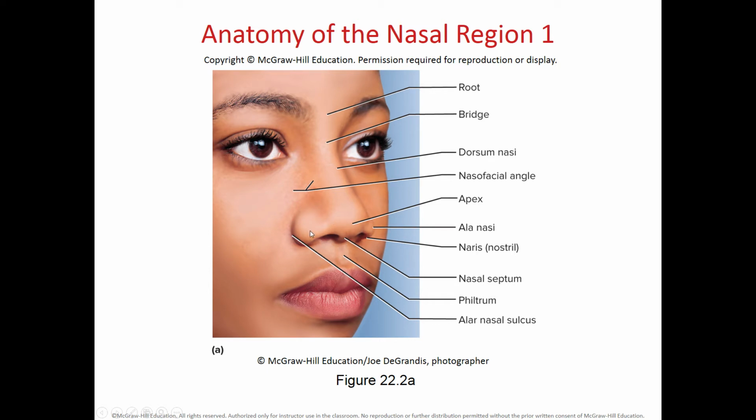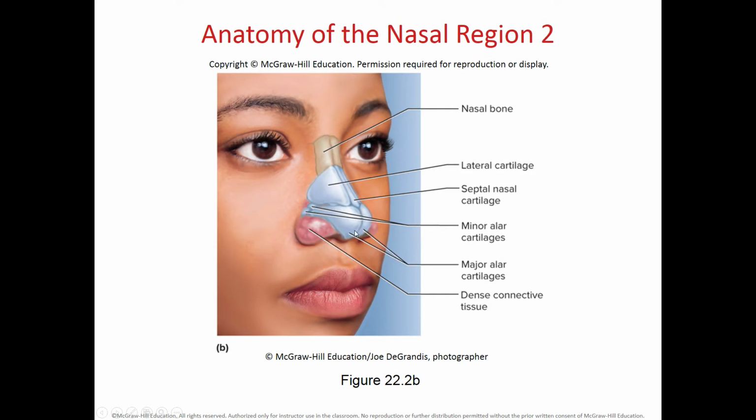And then we have the ala nasi, which is made by connective tissue and also by minor cartilages. So these are the minor cartilages that form part of the ala together with the connective tissue, and in here you can see these nasal bones and this lateral cartilage.